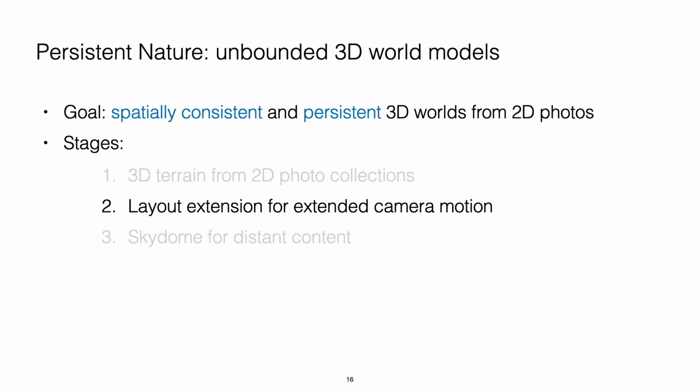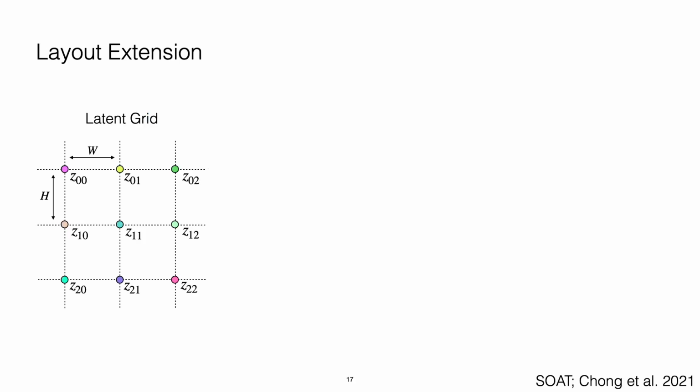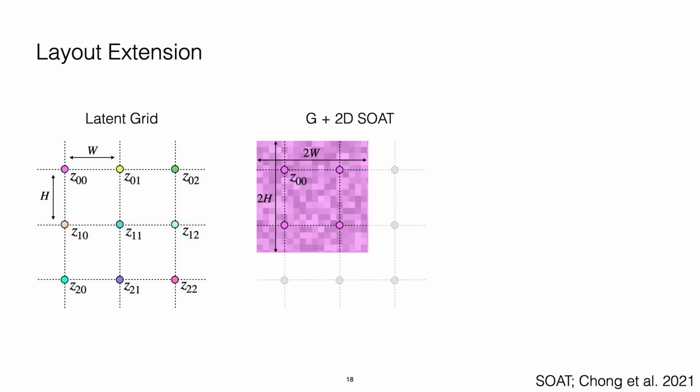Next is layout extension, allowing us to move the cameras beyond the training distribution at inference time. To do this, we sample a grid of latent codes, each of which independently generates a feature map. We blend features from adjacent latent codes using a method called SOAT in 2 dimensions.